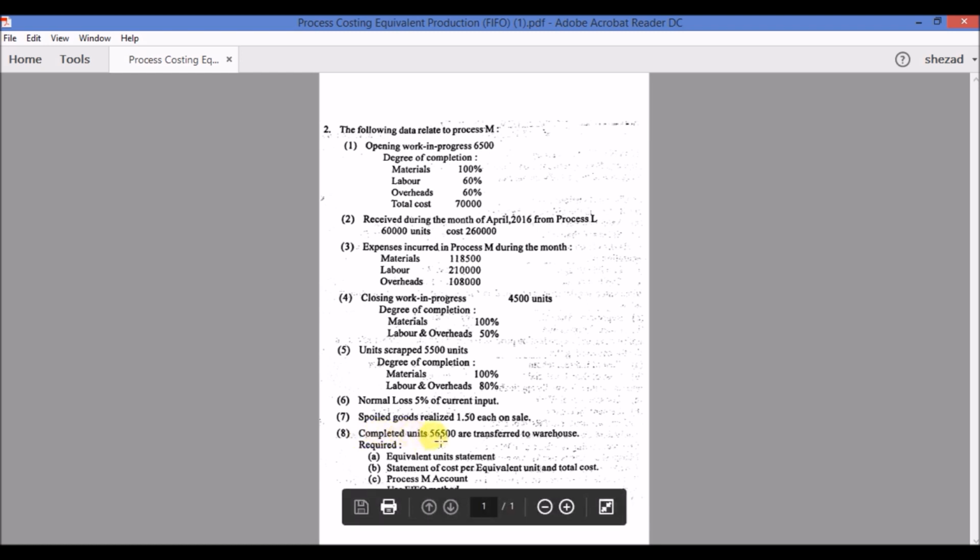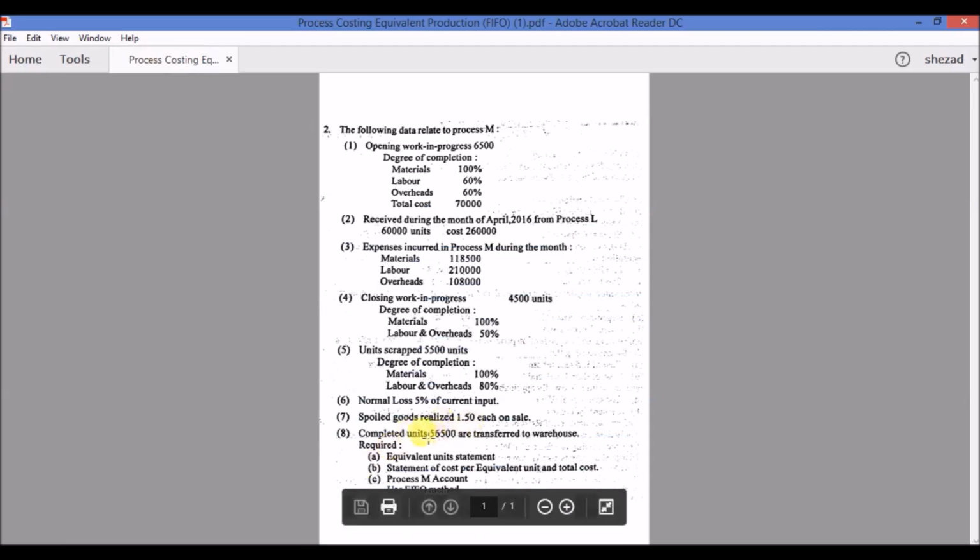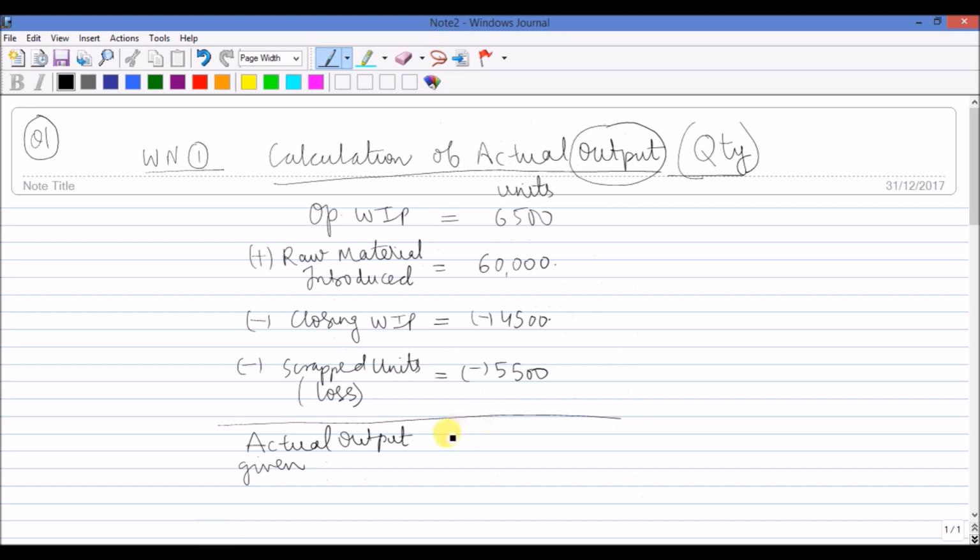Then we have completed units 56,500, and this is our actual output. Actual output is given to us, which is 56,500 units. I'm not aware whether this is the actual output or not.